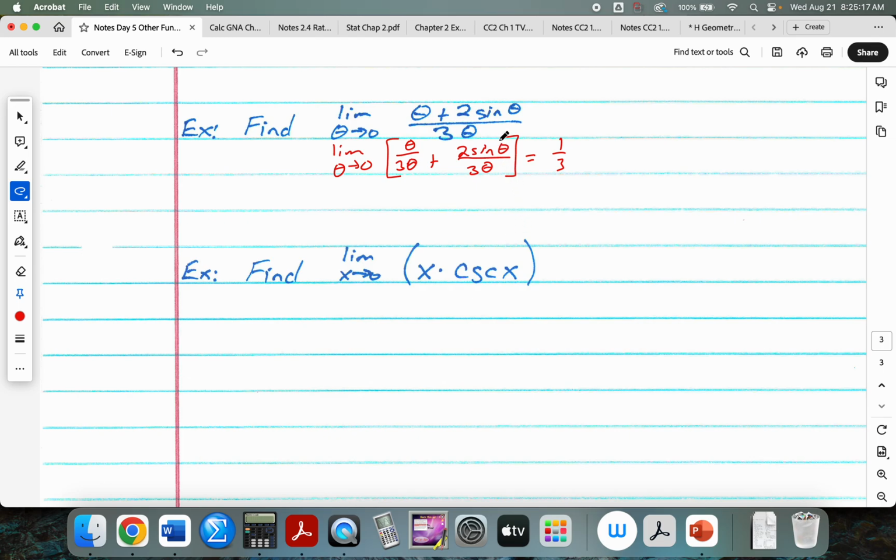And then here, as theta goes to 0, what is sine of theta over theta? No, I'm asking just for sine of theta over theta. 1. So this is, sorry, not a plus, equal, 2/3. This goes to 1.